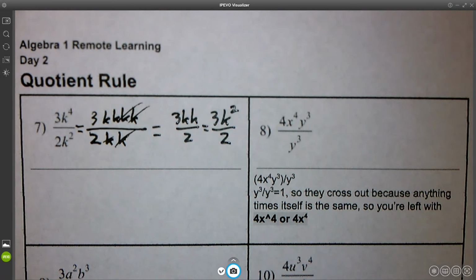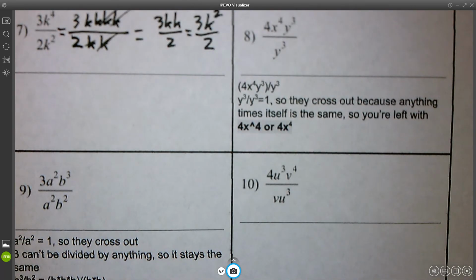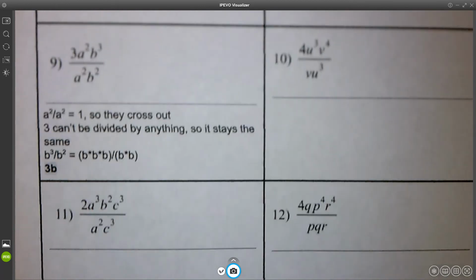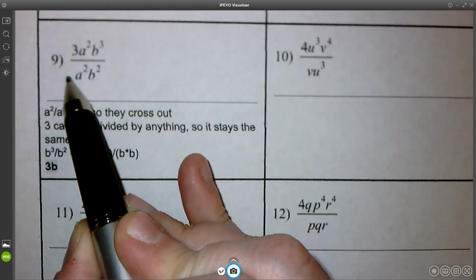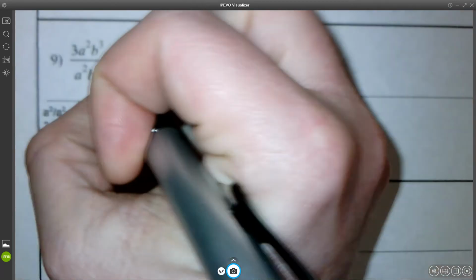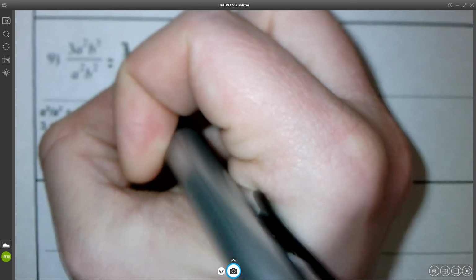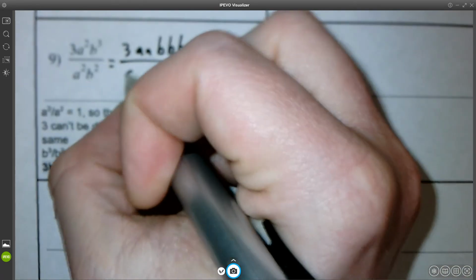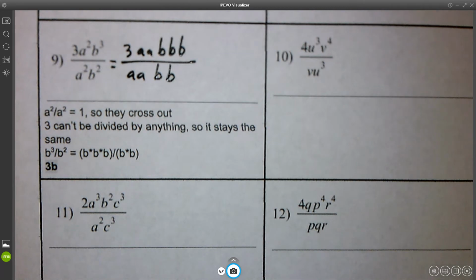5 and 6 I already did for you on the paper, as well as 8 and 9. So let's take a look at 9 quickly before we move on to 10. So again, we're going to split this out. 3, we've got 2 a's and 3 b's, and 2 a's and 2 b's, right?